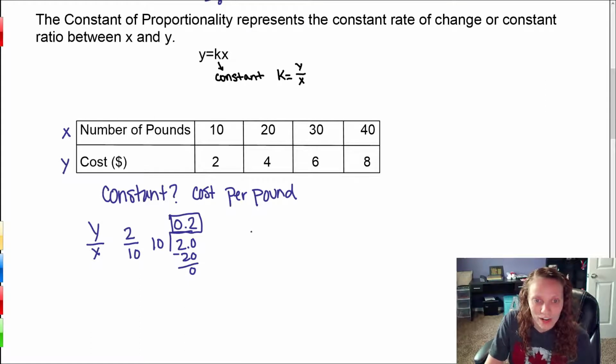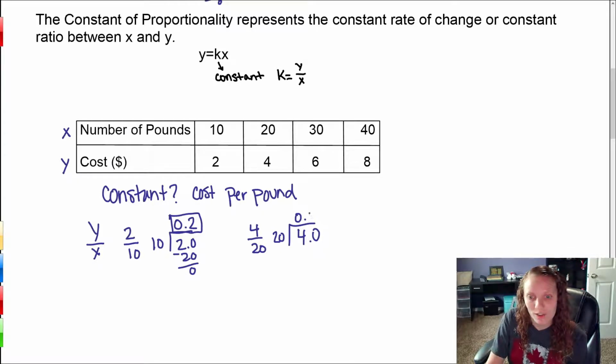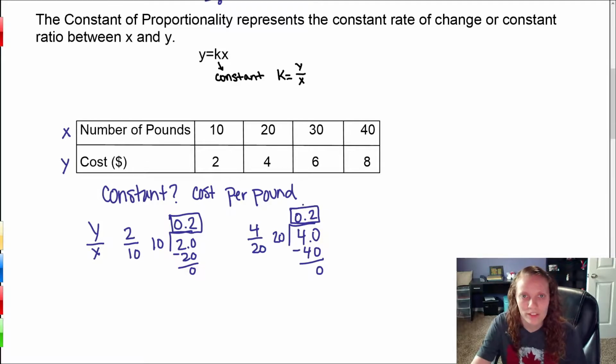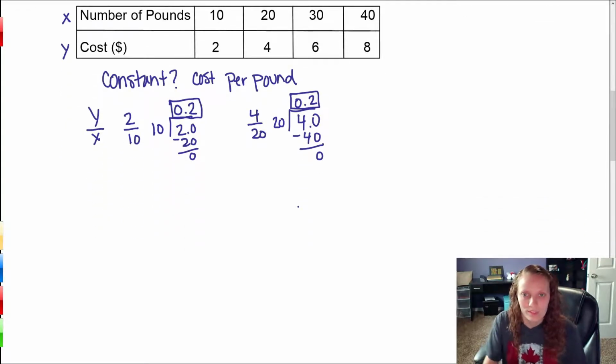Okay, let's do y over x again. 4 over 20. First number in, last number out. 20 does not go into 4, so I'm adding my decimal and 0. 20 does go into 40 twice. 20 times 2 is 40 with 0 left over. So we got 0.2 here as well. Again, let's do y over x.